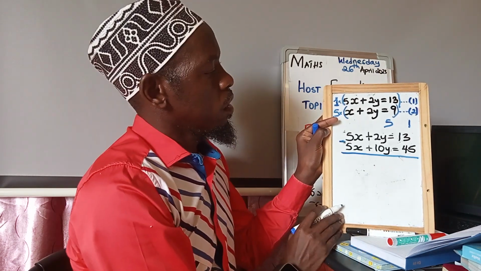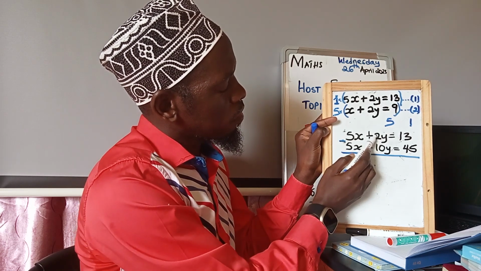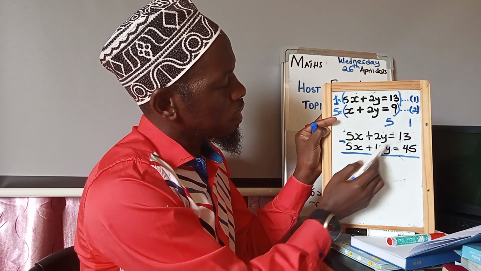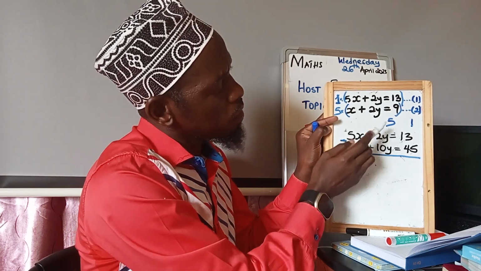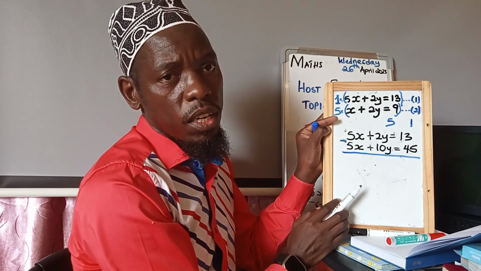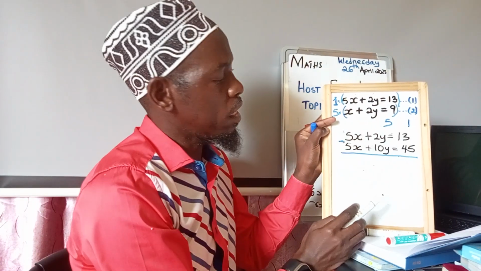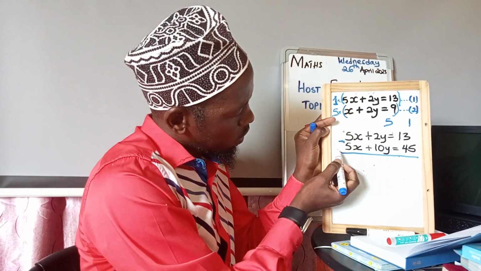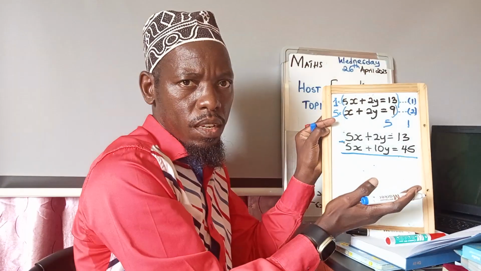Good. So as you observe, if I subtract, this is 2y minus that, I'll be getting a negative, and that will be negative. So it is better I subtract the first equation from the second one, or I subtract the first part from the second part. So I take this one down, minus that, minus that, minus that.